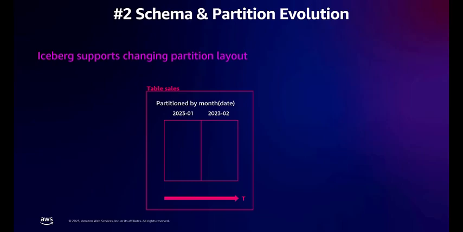So let's have a look at the partition layout here, which is very critical in schema evolution. A partition layout defines how data is physically organized into partitions. For example, it could be by date or region, customer ID, whatever it is, right? So in Iceberg, partitioning is declarative.